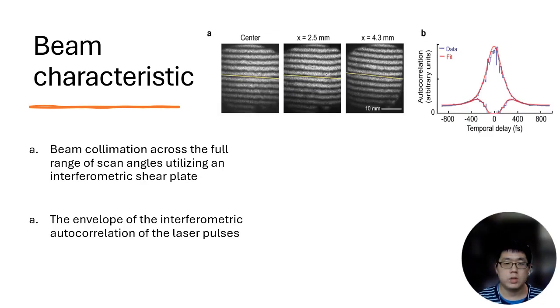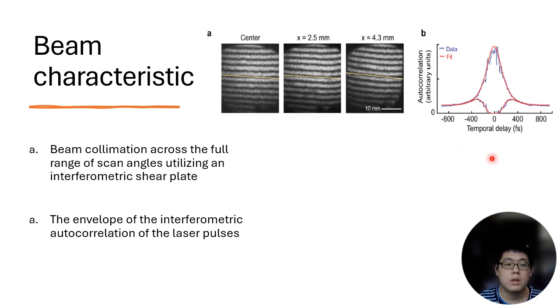And the beam characteristic in figure A is the experimental verification of the beam collimation. The rotation of the interference fringe at large scan angles, found from the slope of the fringe as the yellow line here, is consistent with a residual beam divergence of less than 1 milliradian.